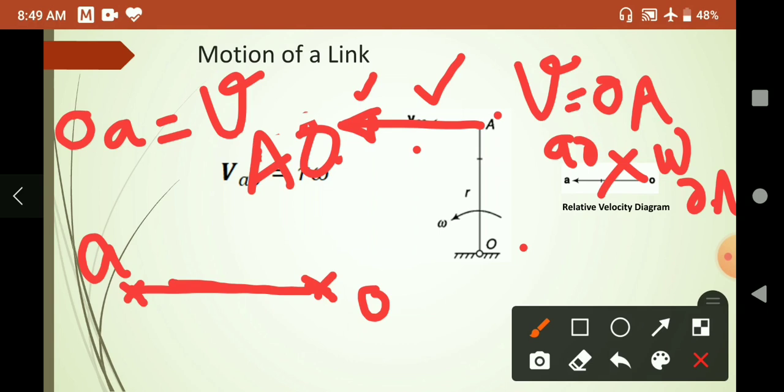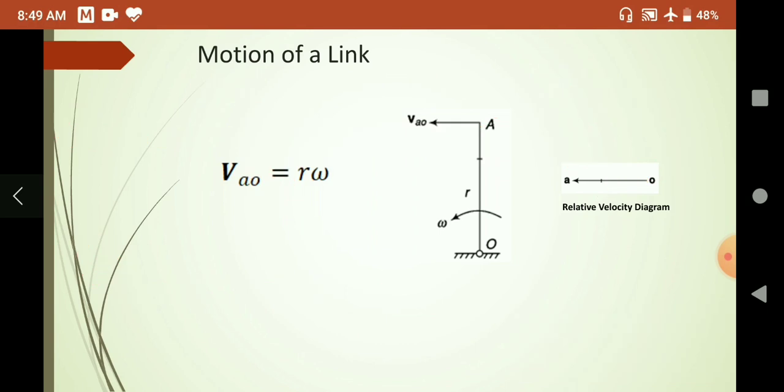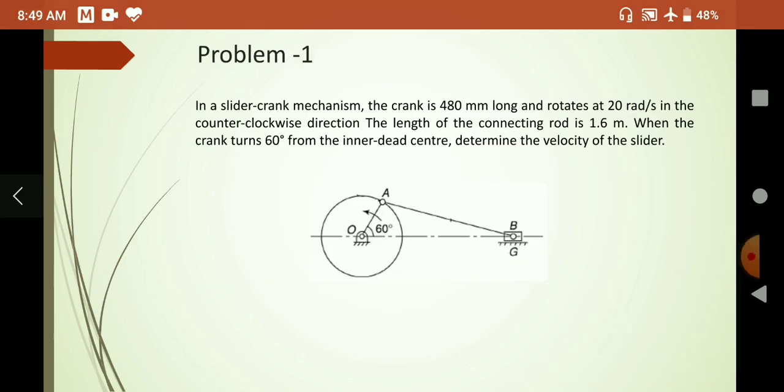Once we finish drawing the velocity diagram of one link, we will proceed to the next link. Using this concept, we'll be doing the other problems.